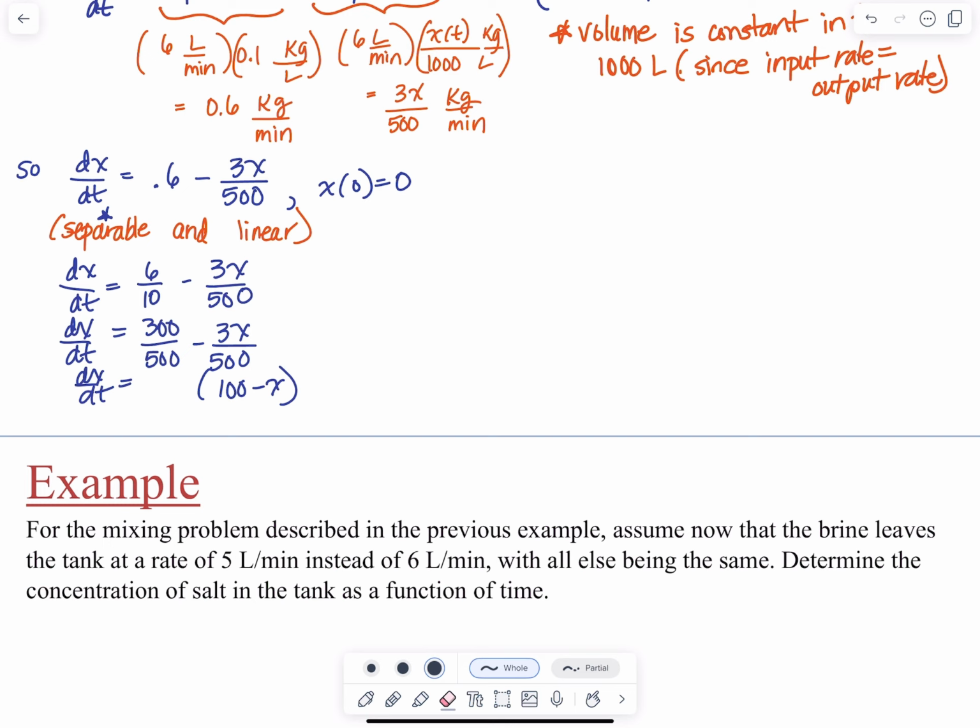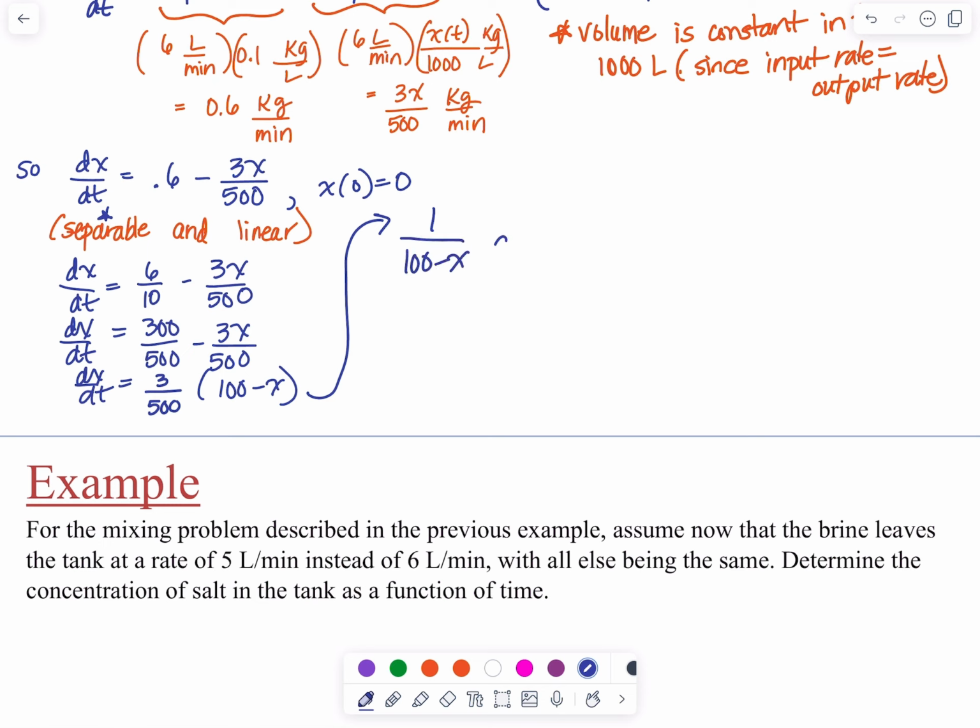So let's go ahead and separate our variables. So we have 1 over 100 minus x dx is equal to 3 over 500 dt. So we've just separated, and now we'll go ahead and integrate.